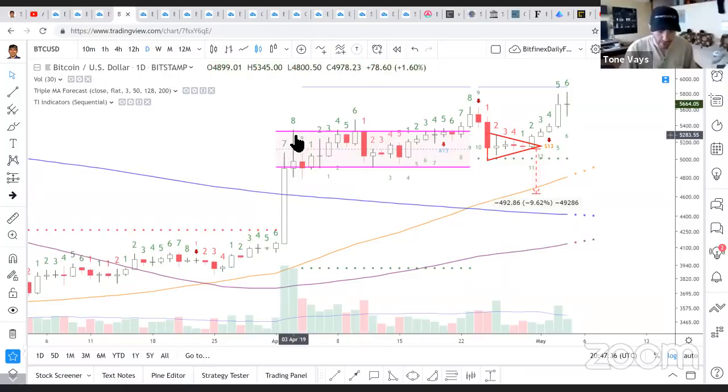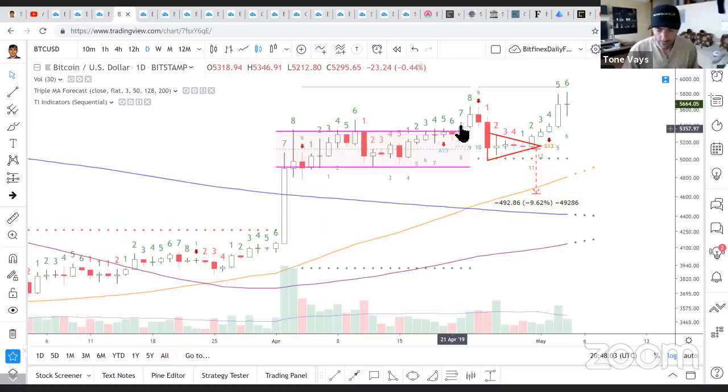I shorted Bitcoin either at the top of this spike or at the top of this spike, and I expected it to go all the way to 4. When I recognized that it would not go all the way to 4, I took profits from the short trade, and then I went long over here around April 20th, and I got out of that trade on the back end of this 9 candle right there, okay?